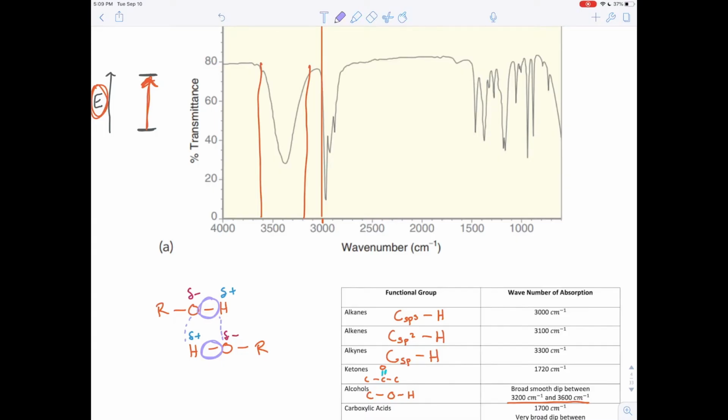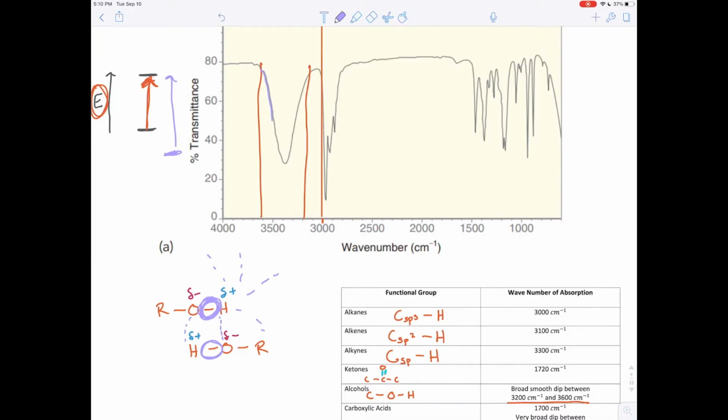And depending on how many other alcohols you have around, you can form lots and lots of these intermolecular forces. The more intermolecular forces you form, the weaker the bond gets. If the bond gets weaker, then you need a different amount of energy to bump it up to the next quantum way of vibrating.